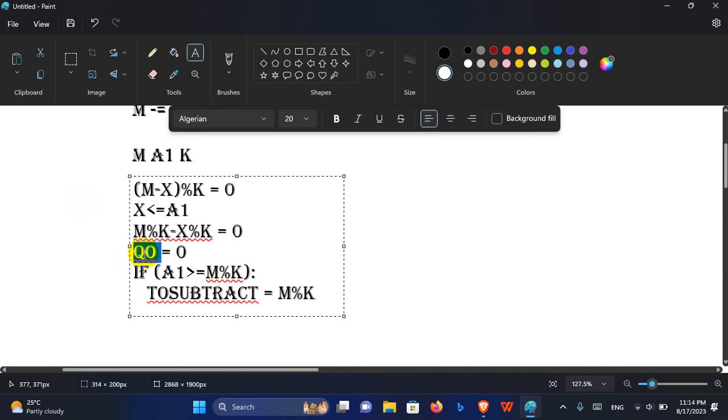So this to subtract would be this value, because we should take most of it.